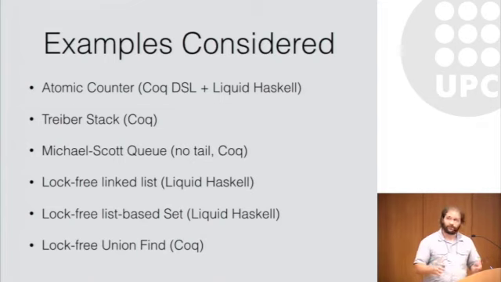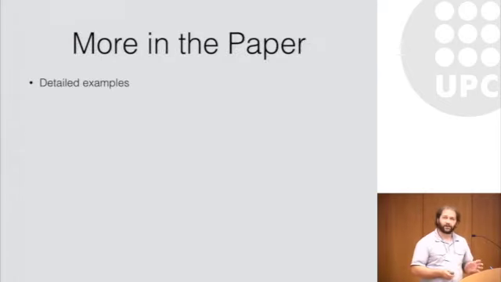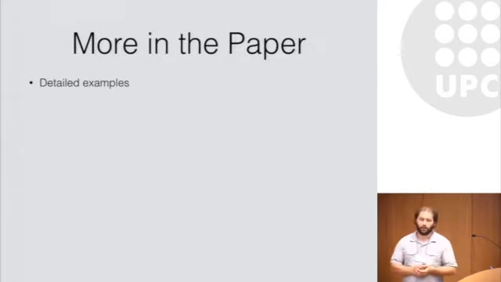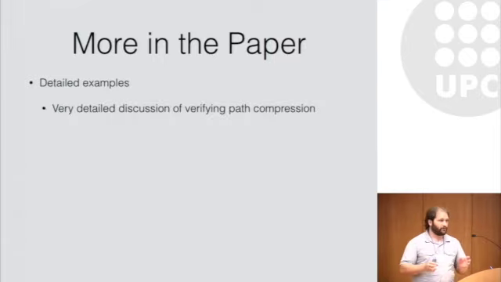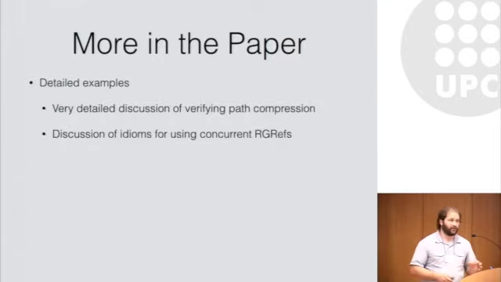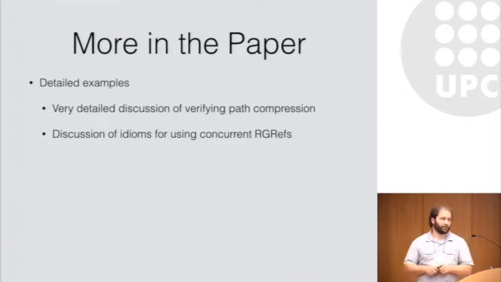Altogether, we've considered a few examples, a couple I've talked about in detail, and a few more. And the paper has much more detailed descriptions of all of these cases, including a very detailed description of the union find and its path compression challenges, as well as some discussion of idioms that show up in verifying rely guarantee references.